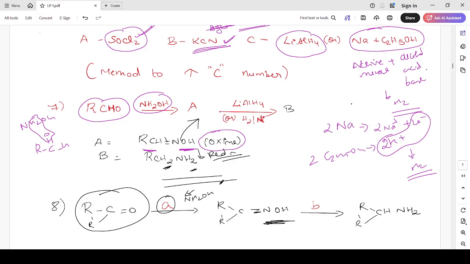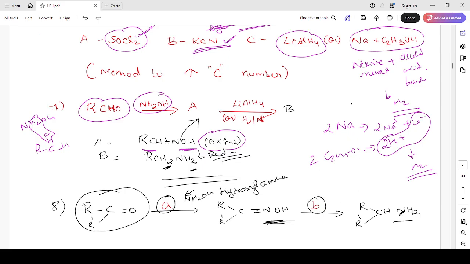What is the name of this reagent? Hydroxylamine.